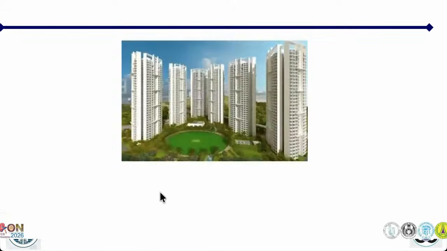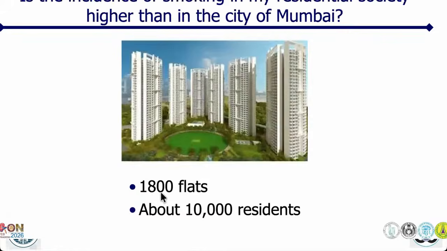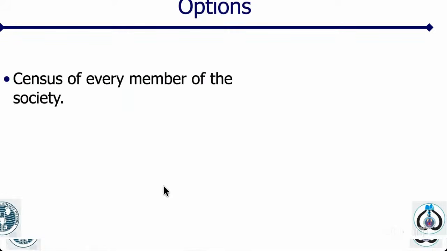Let's take a small example. I stay in this society with 8 towers. There are around 1,800 flats and approximately 10,000 residents. Now I want to find out whether the incidence of smoking in my residential society is higher than the city of Mumbai. What are my options? One option is I do a census of every member of my society.